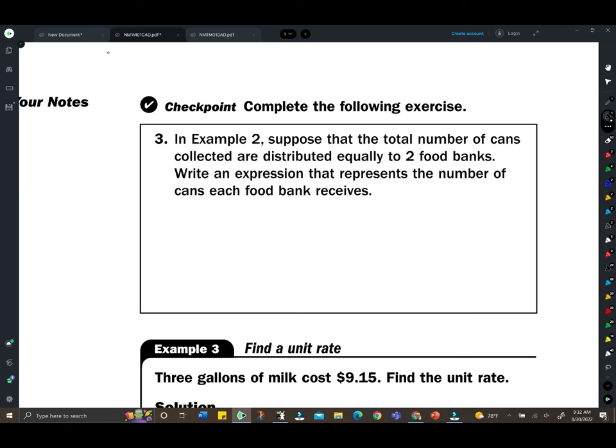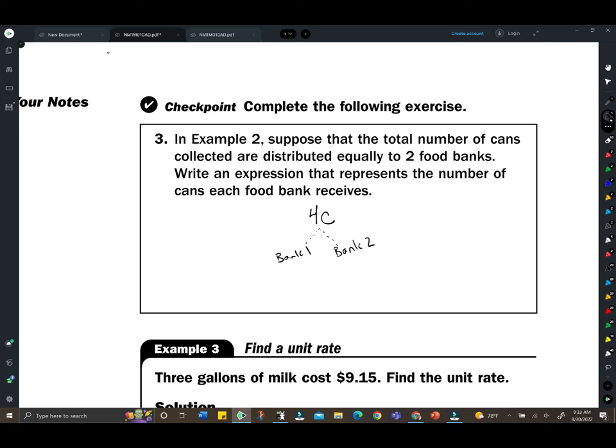So in this one, we have all of our cans from before, which was 4 times C. And what we have to think about is we are dividing it into 2 food banks. So we have food bank 1 and we have food bank 2.